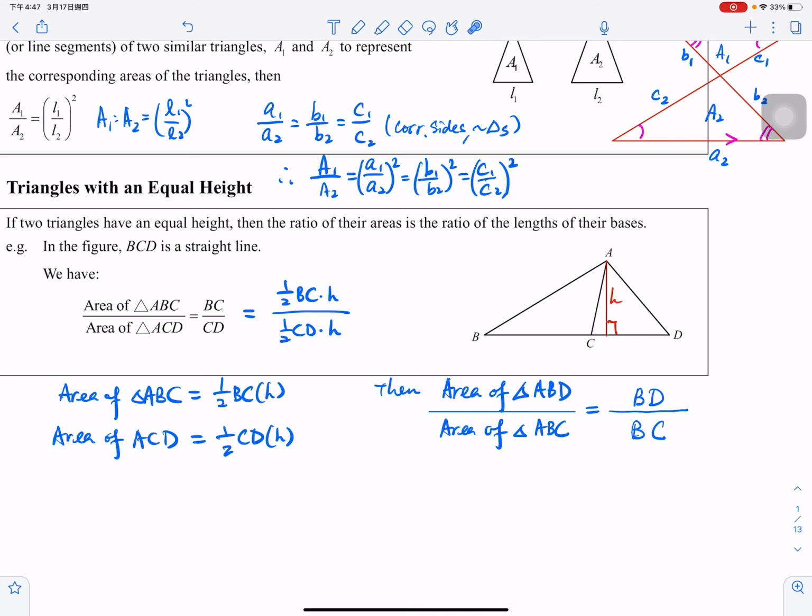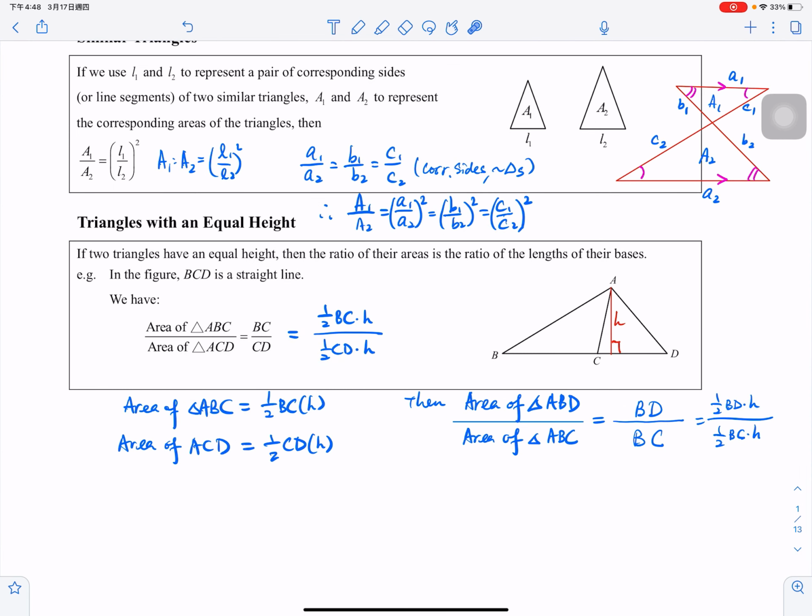So the area ratio will become BD to BC. Think about it: 1 over 2 times BD times the height, and 1 over 2 times BC times the height. After simplifying, no more h, no more 1 over 2, you get this one, right? So if they have the same height, we can use the lengths BC and BD to find the ratio of the areas.